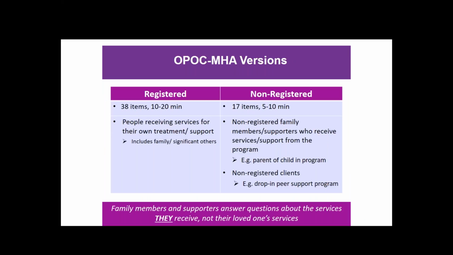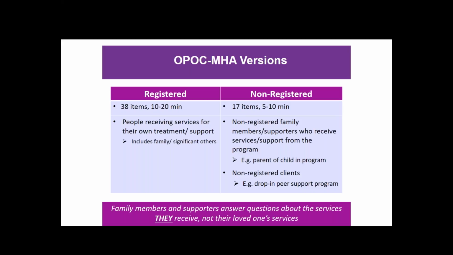Okay, so there's two versions of the OPOC. One is a registered client version, so a 38-item version. The average is about 12 to 13 minutes, but anywhere from 10 to 20 minutes to complete. And this is completed by folks who are receiving services for their own treatment or support.